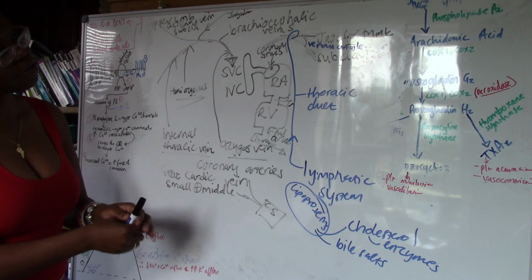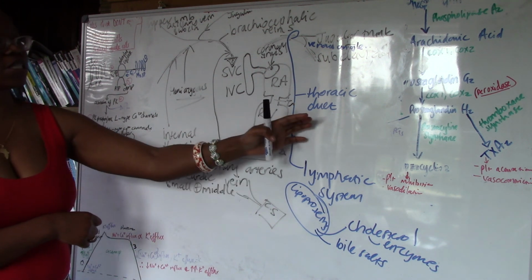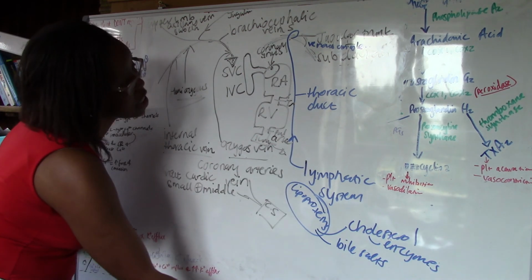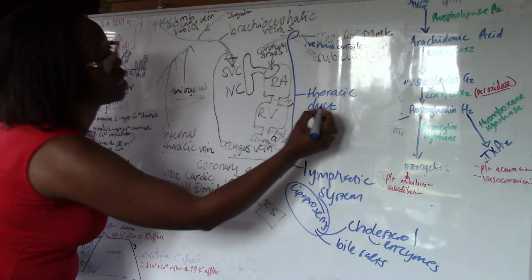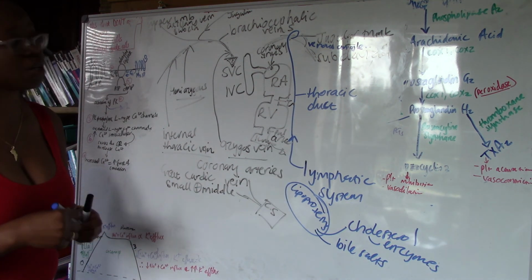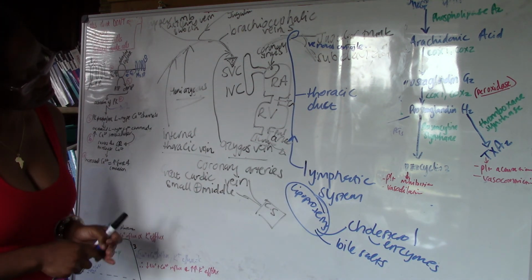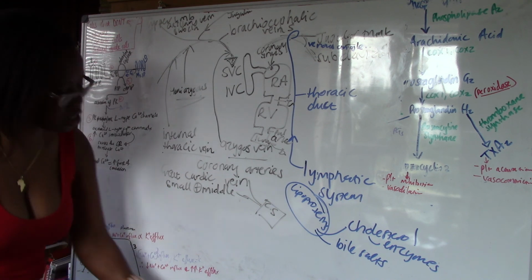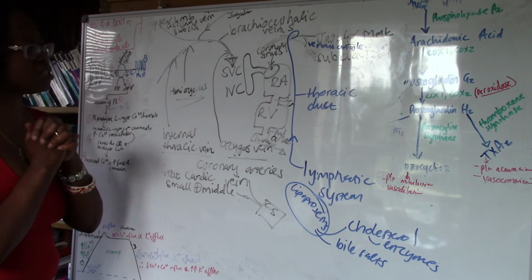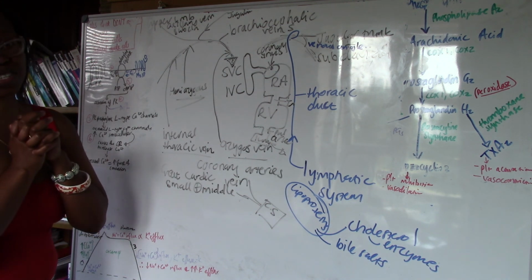And I've also briefly discussed the thoracic duct and what its purpose is and where it actually enters the systemic circulation. And in the next section I will look at atherosclerosis.